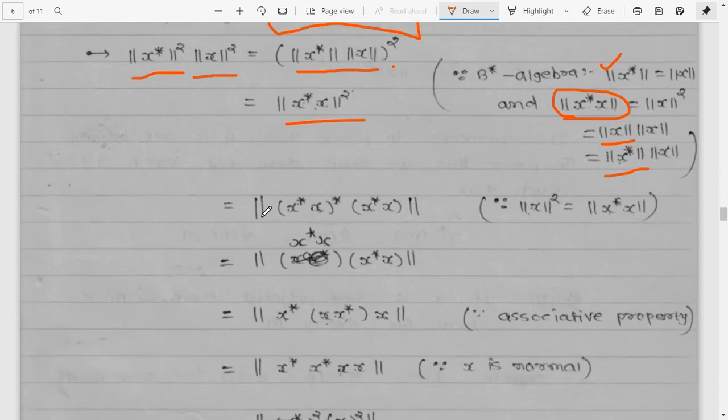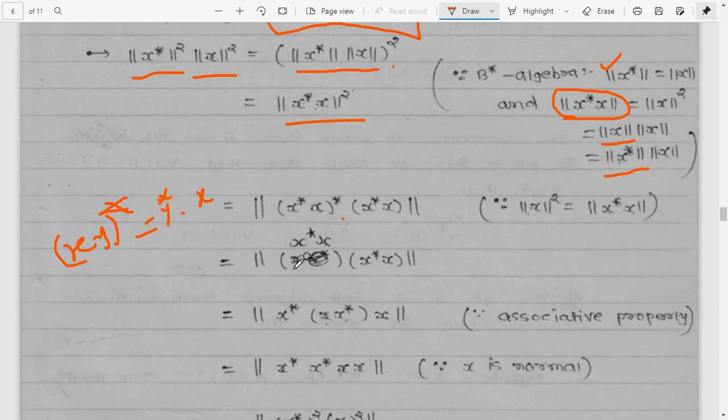So this is equal to norm x star into x star into x, because norm x square is equal to norm x star into x. Using x into y star is equal to y star into x.